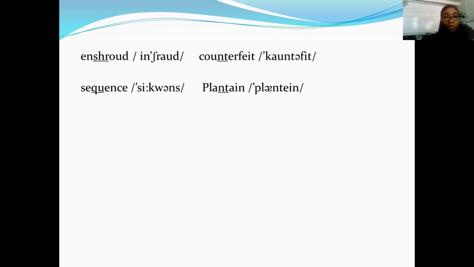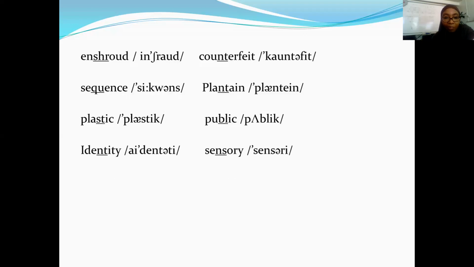You have more examples that are displayed on your screen. You have the words enshroud, counterfeit, sequence, plantain, plastic, public, identity, sensory, enshrine, and so on.